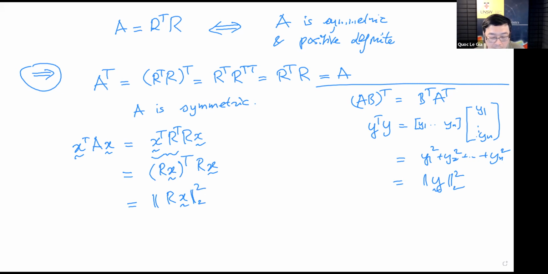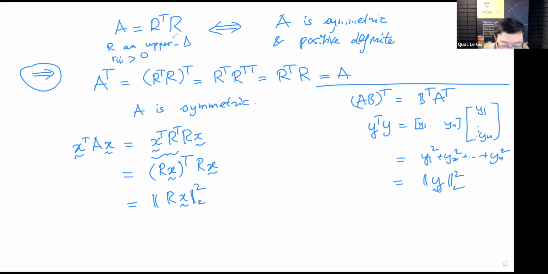And you see, there's a question: what is R again? R is just an upper triangular matrix, and the diagonal entries are positive.